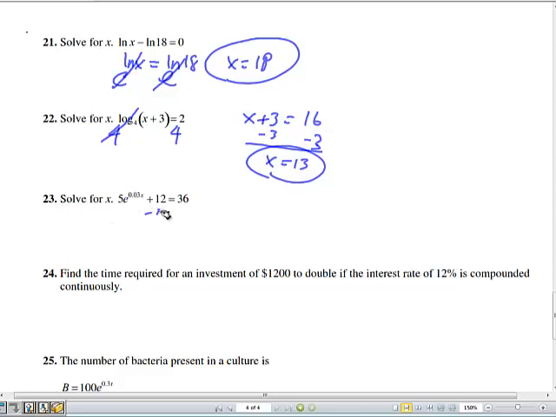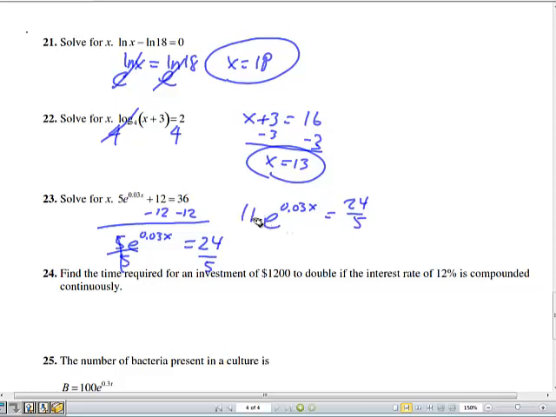Solving this one, subtract the 12 from both sides. I get 5e to the 0.03x is equal to 24. Divide both sides by 5. So e to the 0.03x is equal to 24 over 5. Take the natural log of both sides to cancel my e. So 0.03x is equal to the natural log of 24 over 5.